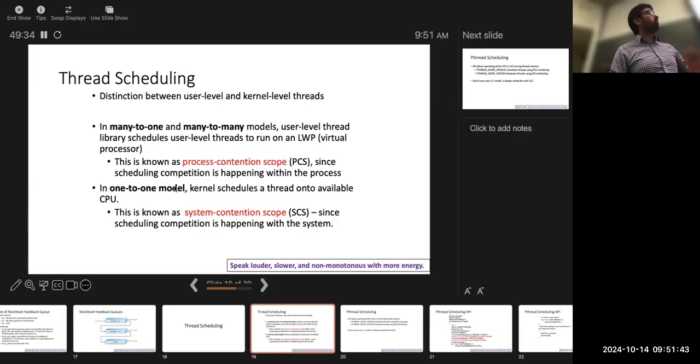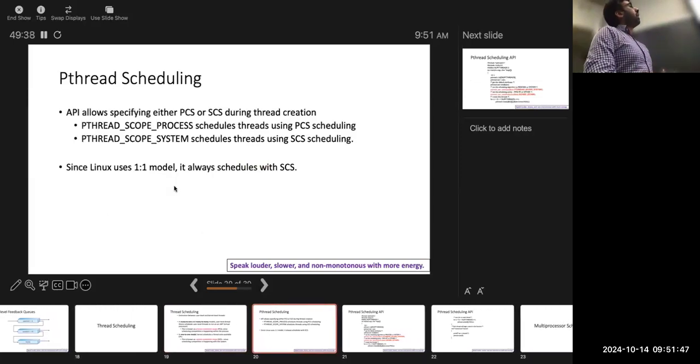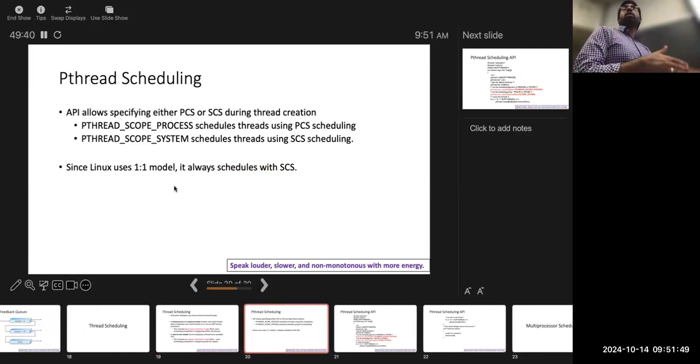I'm not reading this slide because I have said the same thing. So actually, when you schedule threads for execution in your operating system, for example in Linux, you can specify what kind of competition scope you want to use.